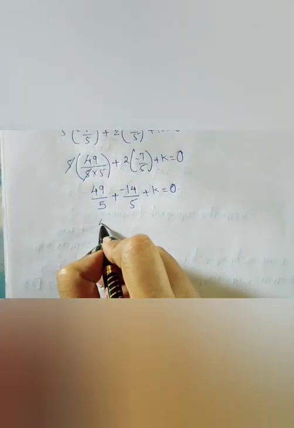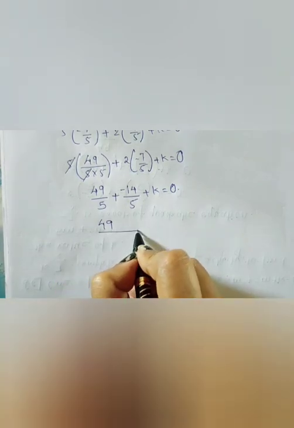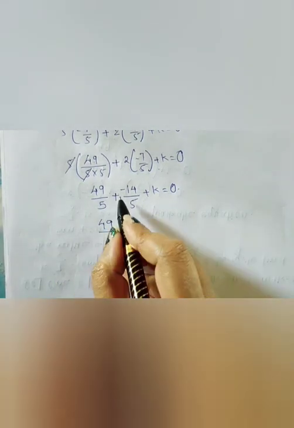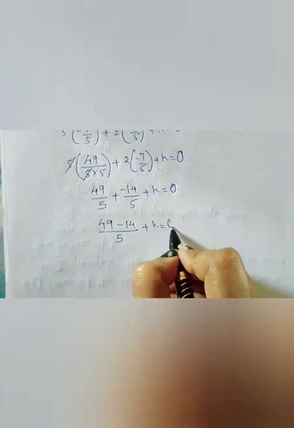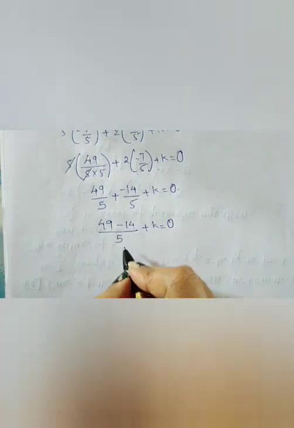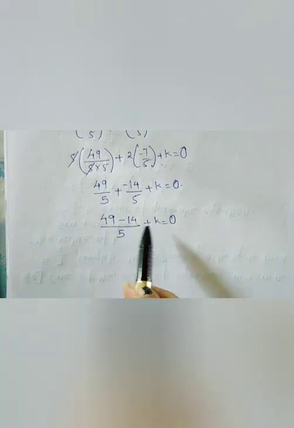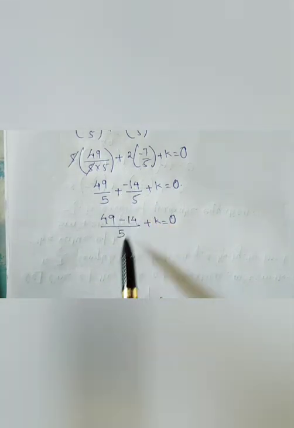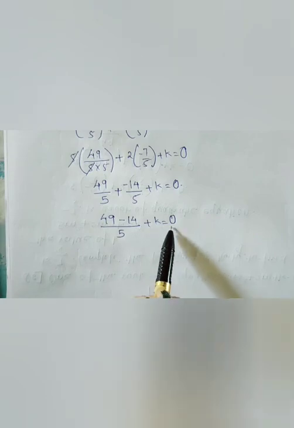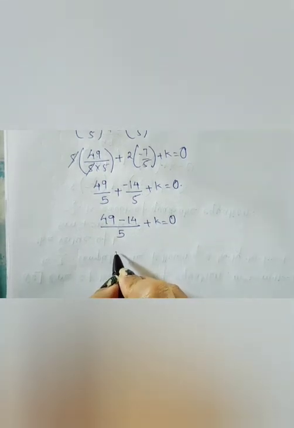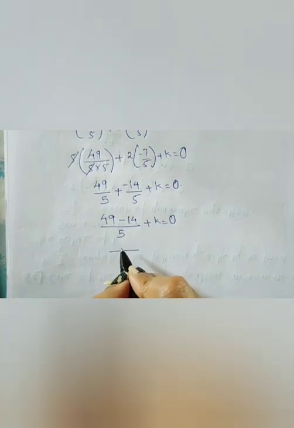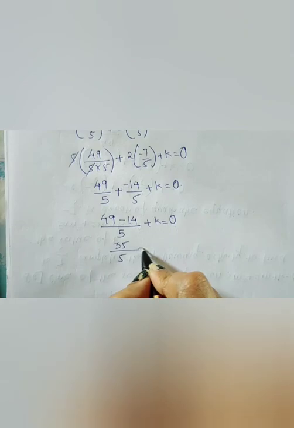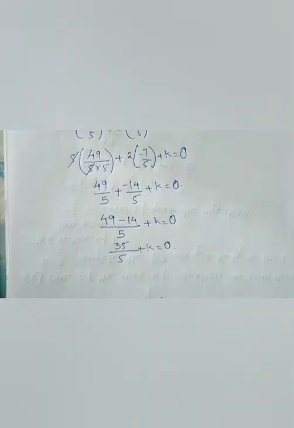Taking 5 common, 49 minus 14 upon 5 plus k equal to 0. Again next step is 49 minus 14 will get 35 upon 5 plus k equal to 0.